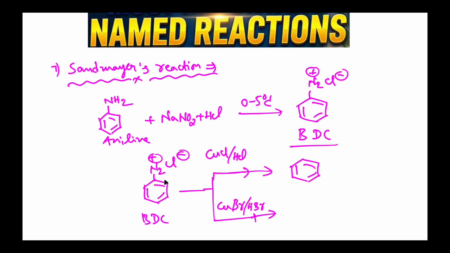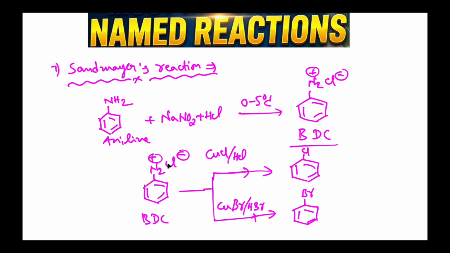In CuCl, chlorine replaces nitrogen, and chlorobenzene will form. In CuBr, bromine replaces the nitrogen atom and it is converted into bromobenzene. So this reaction is called the Sandmeyer reaction.